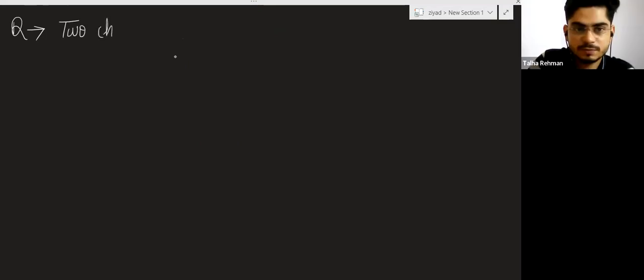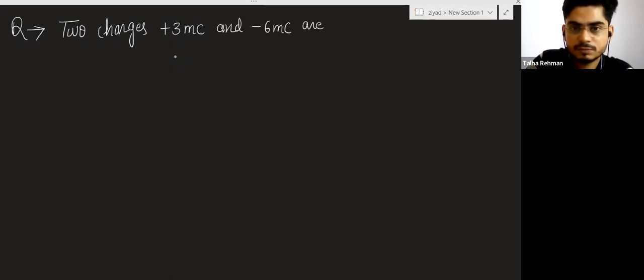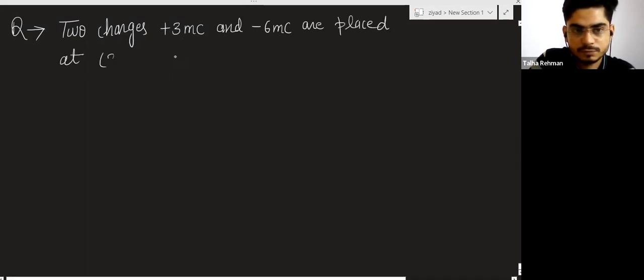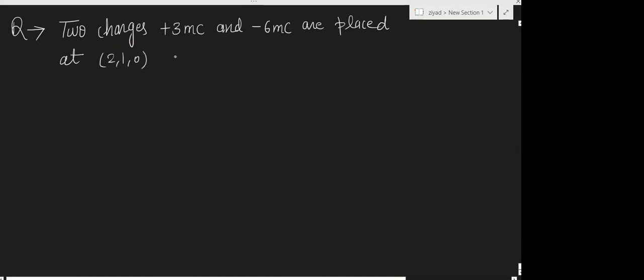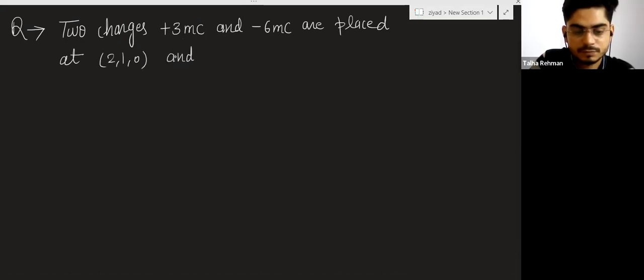Two charges, plus 3 microcoulomb and minus 6 microcoulomb, are placed at (2, 1, 0) and (3, 0, 0), and they are given in meters as position vectors.